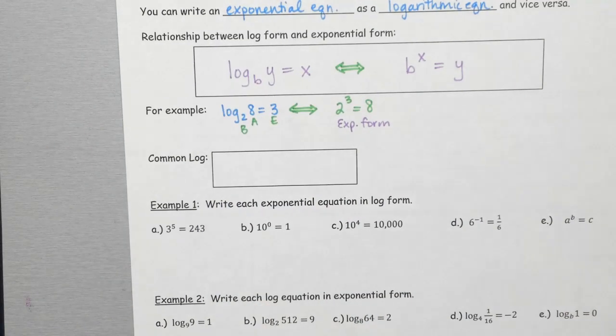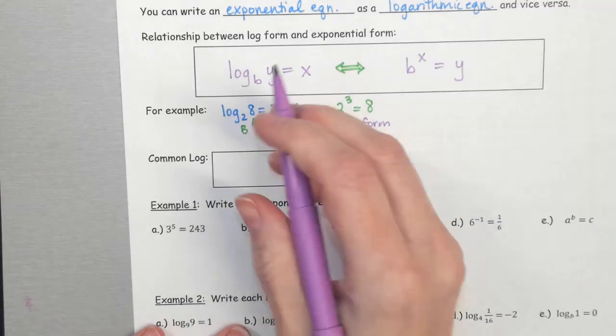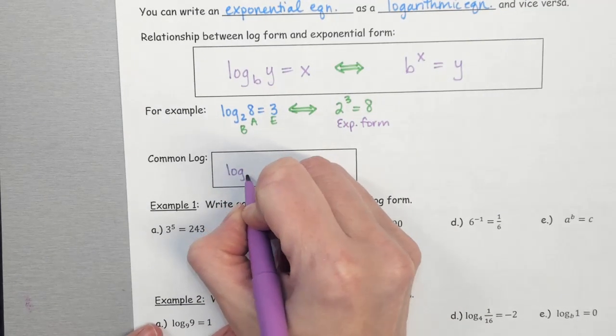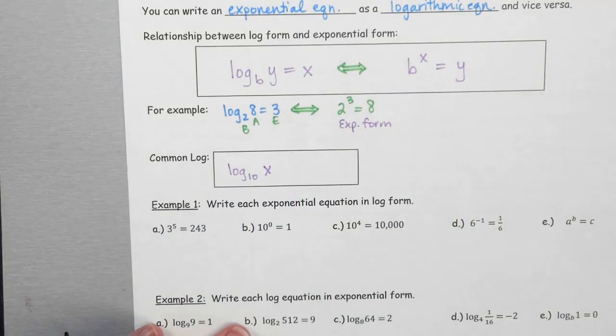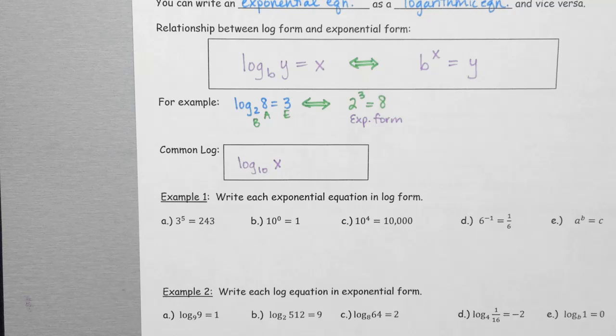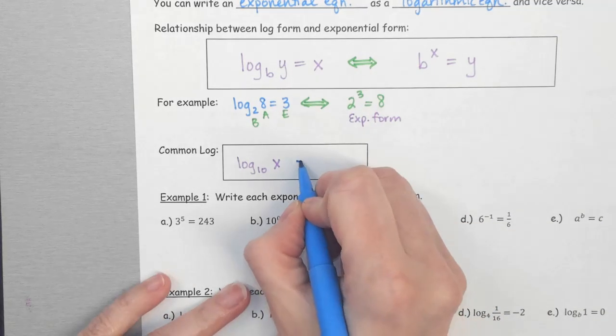Now some of you have already found the button on your calculator that is a log. That is what we call the common log. If you are using that button, it is actually a log with base 10. So log base 10 of x is the same thing as just saying log of x.